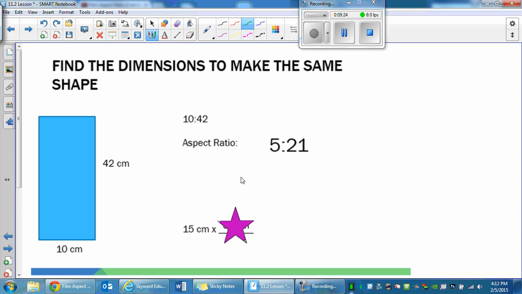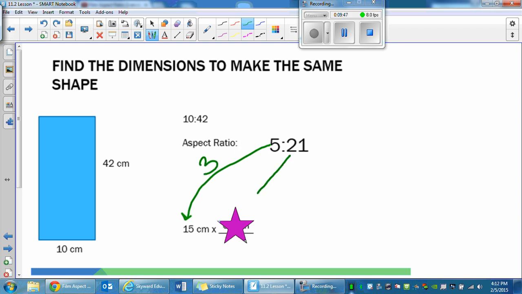Okay, so I want to enlarge my picture and I don't want it to be distorted. So first it was 10 by 42. I found my aspect ratio. I took the 5 and increased it to 15. So I know that I increased it 3 times.